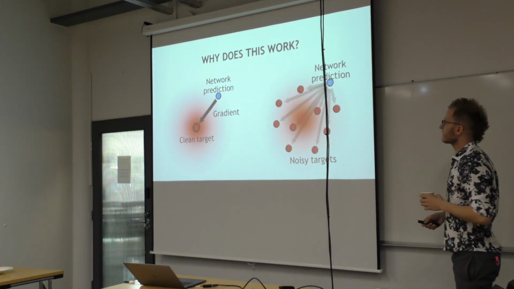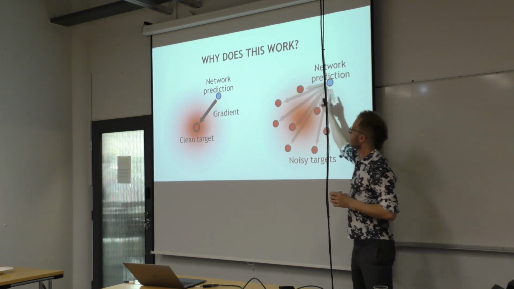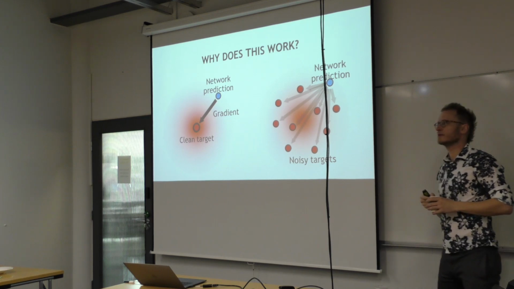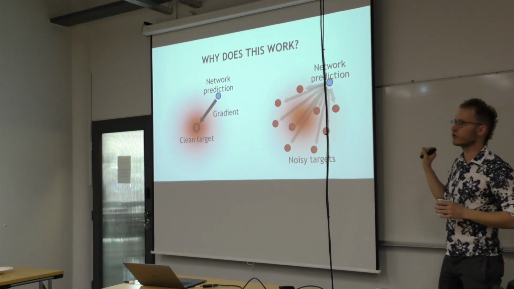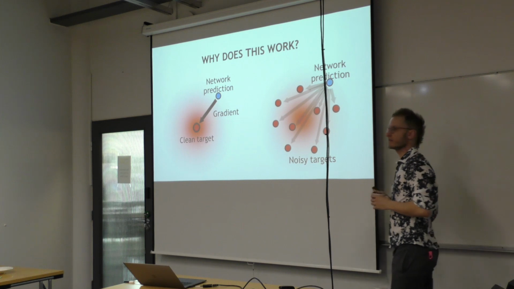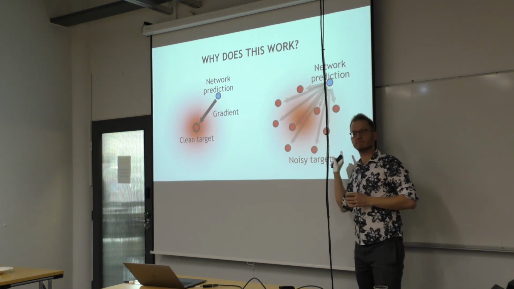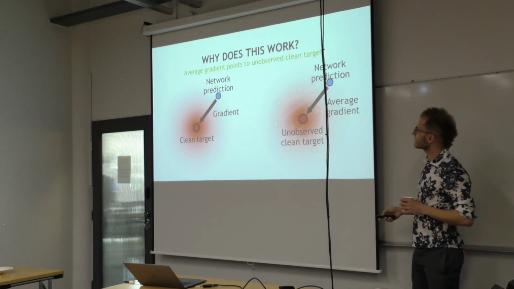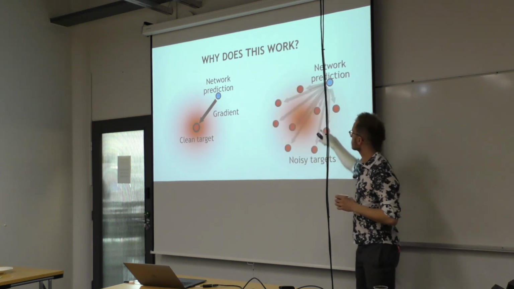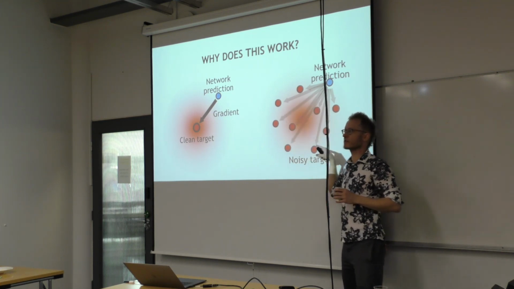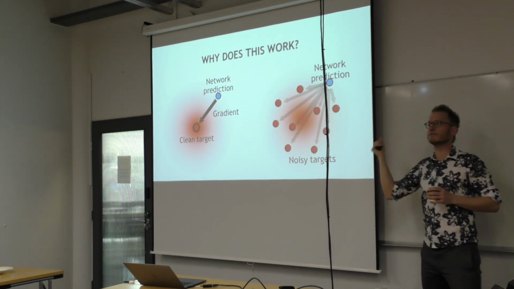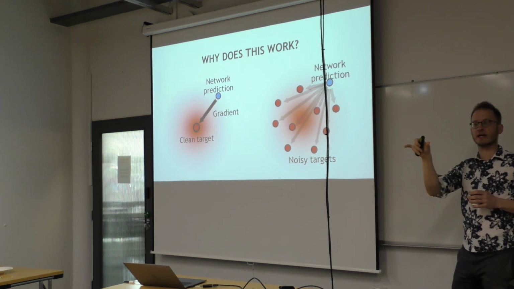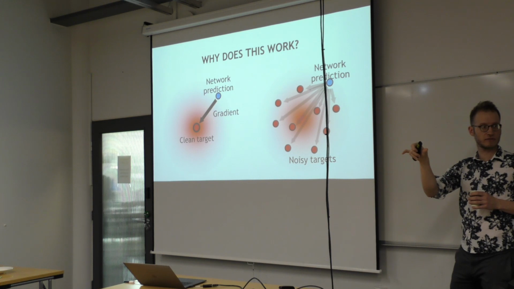Now, if on the other hand we give targets that are not correct, but that are correct on average, then it turns out that each of these training examples gives us an erroneous, a false gradient. The gradient at none of those training examples actually points in the right direction.